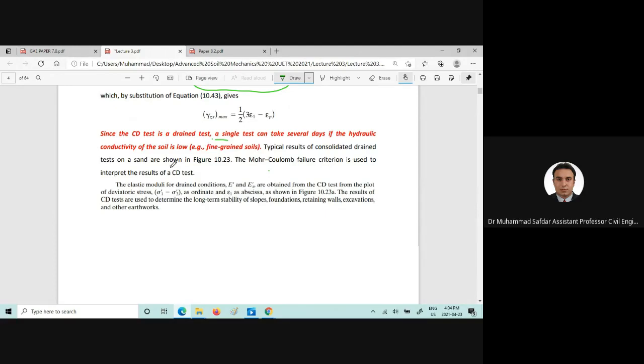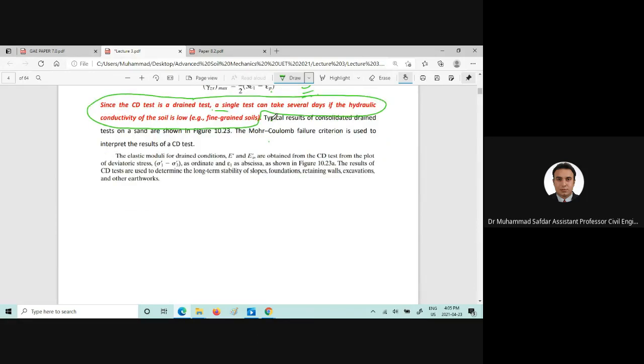Okay, now since the consolidated drained test is a drained test, a single test can take several days, and if the hydraulic conductivity of the soil is low, you need to take into consideration the amount of time which this test is going to take, because we need to run at least 3 tests to get the shear strength parameters. So it's better to find out the hydraulic conductivity before running the consolidated drained test. It will give you an idea of how long it's going to take.